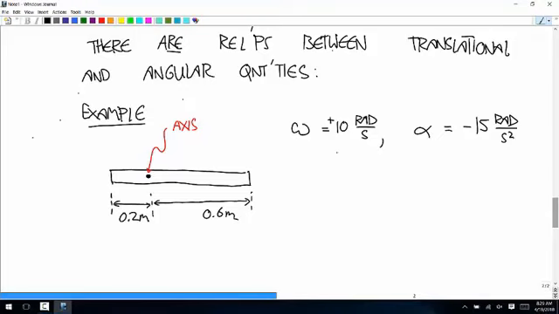And let's call this angular position, well, let's just call that 0 radians.